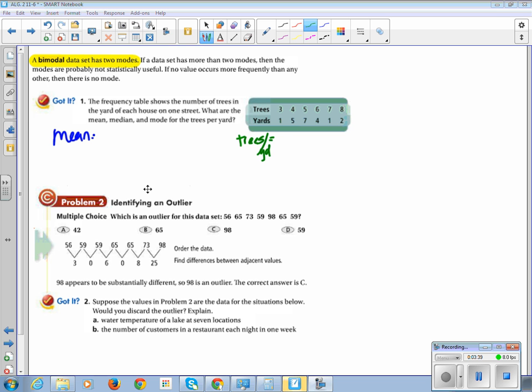So this is 3/1. This is 4/5, 5/7, 6/4, 7/1, and 8/2.